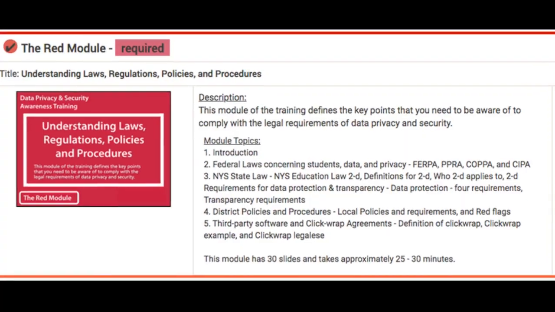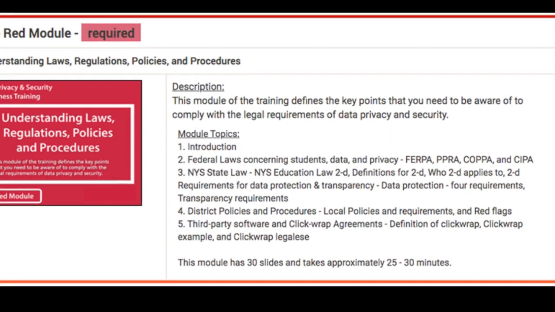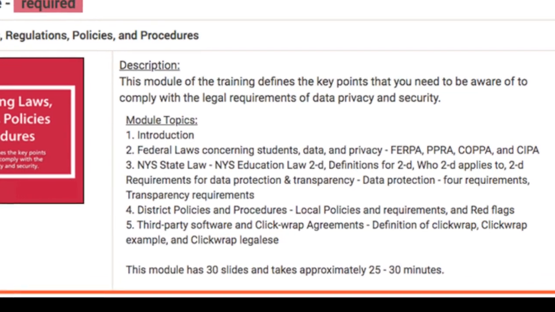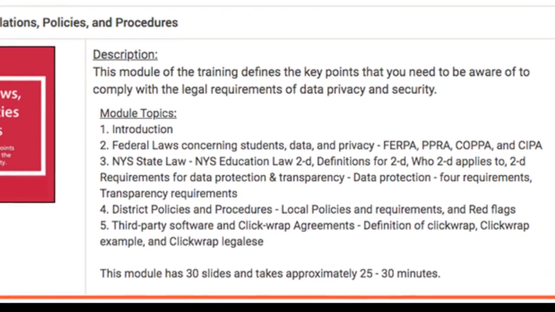All right, so can you talk to us briefly a little bit about what is going to happen here in Ithaca with Ed Law 2D and what teachers and staff and various professionals in our district should keep an eye out for? Everyone should keep an eye out for an email that the IT department is going to be sending. In the email, you're going to get a short link, and the link is going to take you to a module that you're going to complete, and it should only take about 20 or 30 minutes.